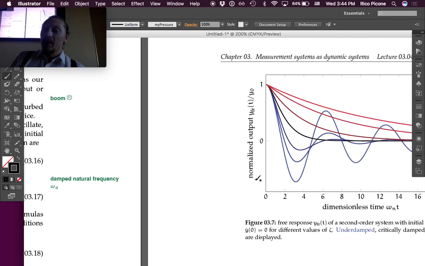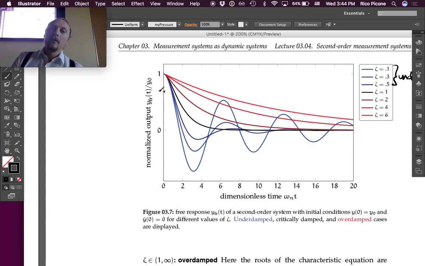So this is valid for any initial output y naught. And if your actual y naught was like 5, you would need to multiply this value by 5, right? And it would stretch vertically. So these sorts of plots are really useful.